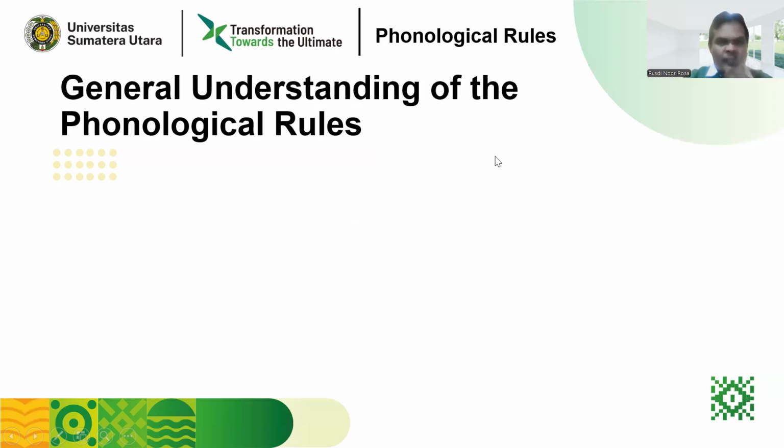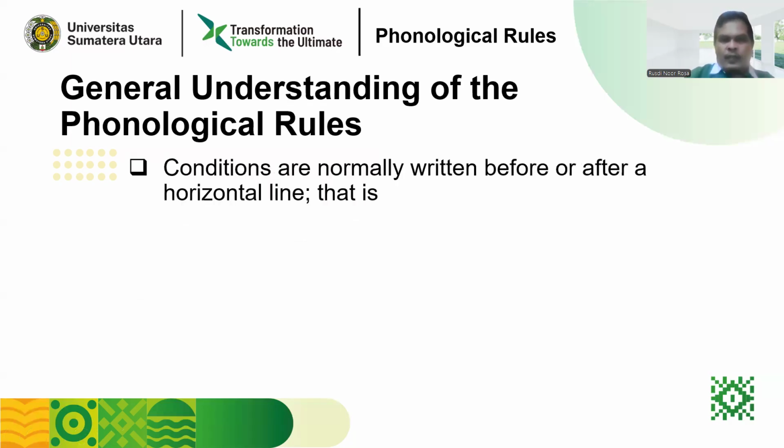Now, let's understand the general concept of phonological rules. So, conditions are normally written before or after a horizontal line. Okay, we know that the general rule is A becomes B whenever A is situated before or after C. So the conditions are normally represented by a horizontal line.